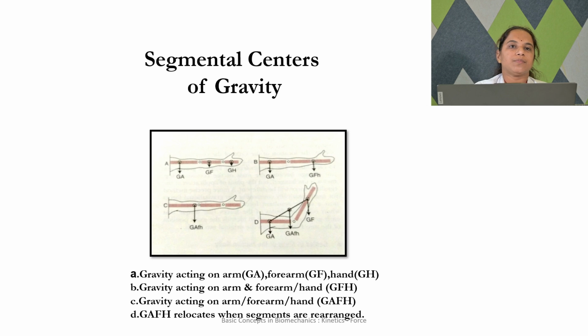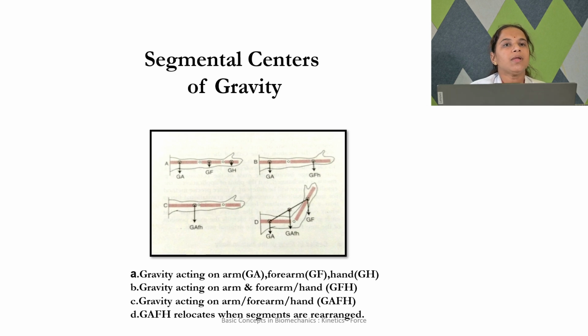And when an object is composed of two or more linked and movable segments, the center of gravity lies outside of all segments. You can see in the first picture, each segment has got a different COG. In the second, if the two segments are combined, that is forearm and hand, there is a new center of gravity which lies towards the heavier side.